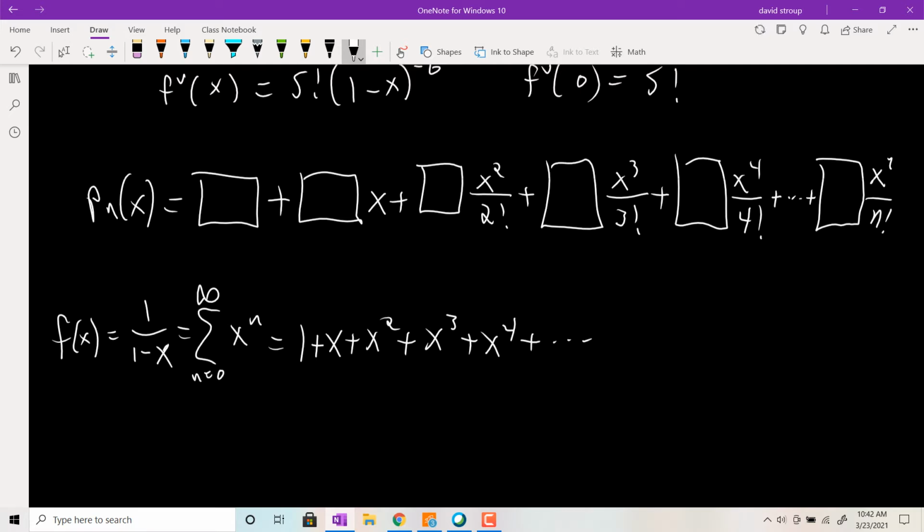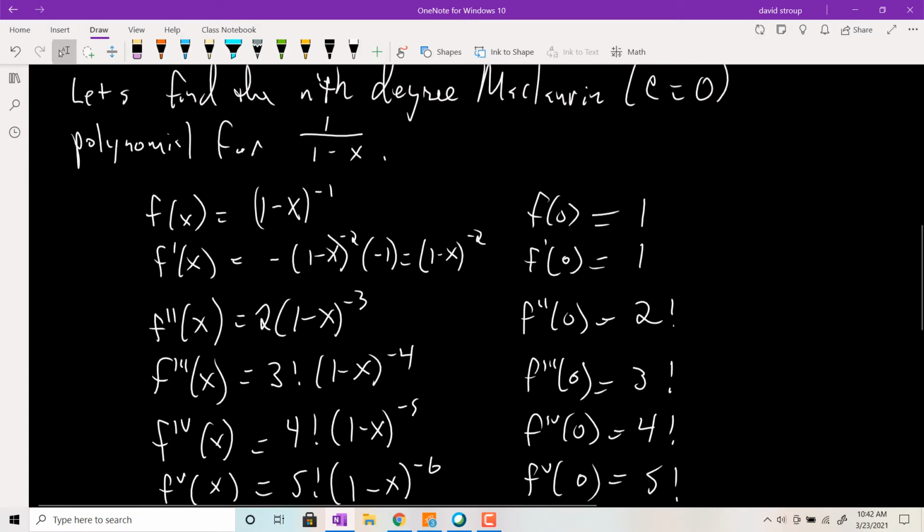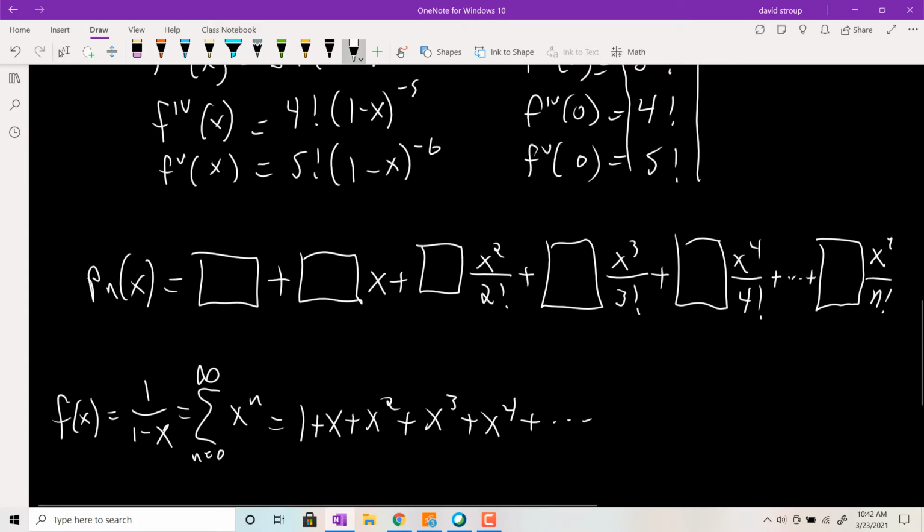Let's see what we're getting with our polynomial doing this method that we learned in 9.7. Copying and pasting this column over here, this 1, 1, 2 factorial, 3 factorial, 4 factorial into the boxes. We get 1, 1, 2 factorial, 3 factorial, 4 factorial, 5 factorial. Oh, that would be n factorial, right?